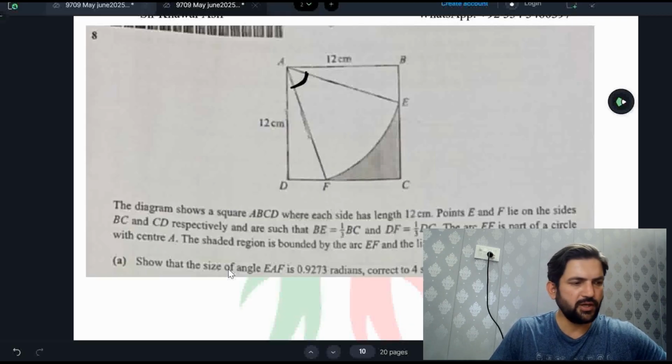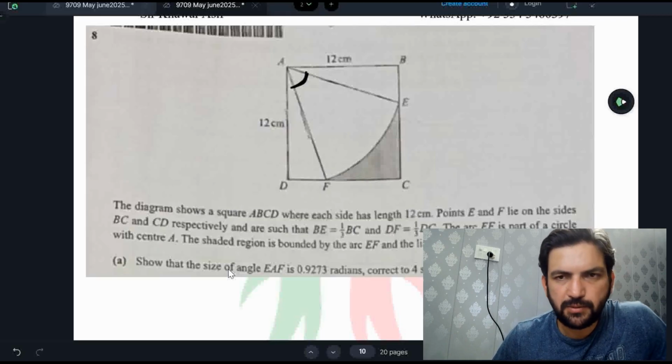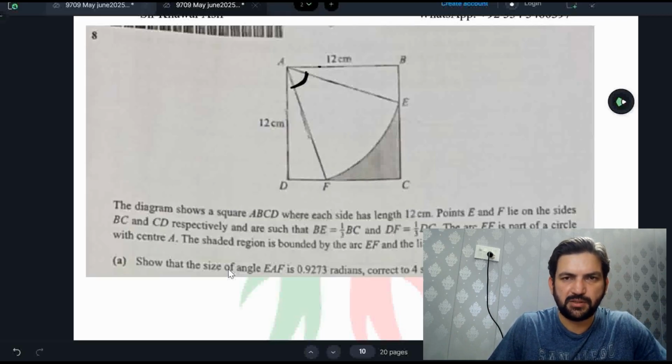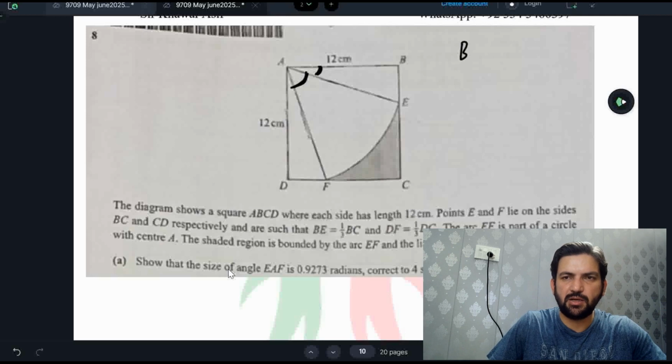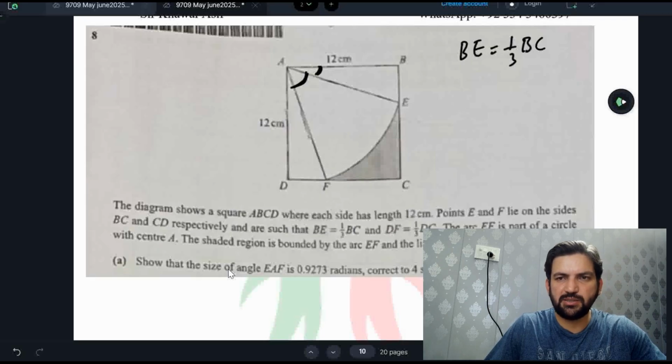So what we need to do is find this angle first. Now for this angle, how can we simplify it? The diagram shows a square, each side of length 12, such that BE is 1/3 of BC. So BE equals 1/3 into 12, which means BE equals 4.